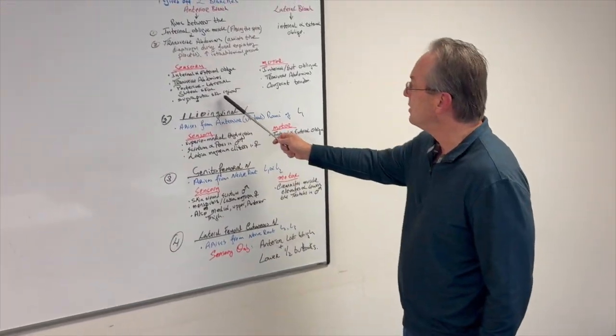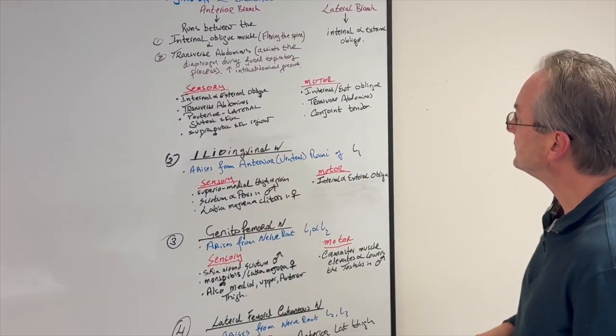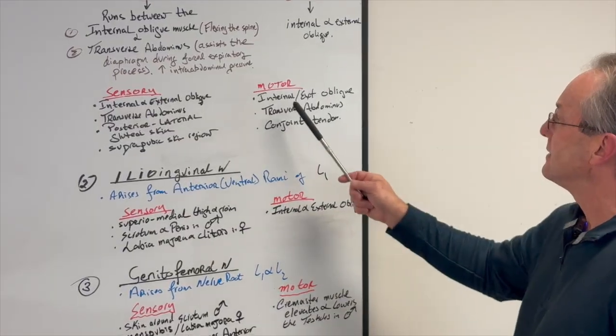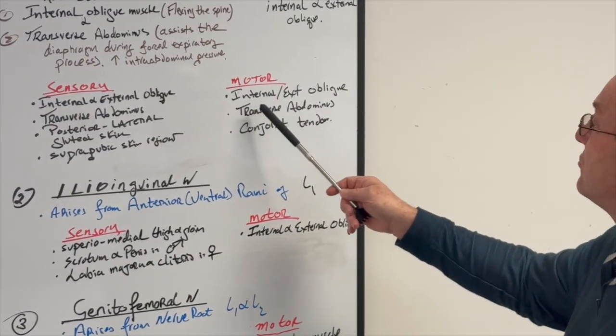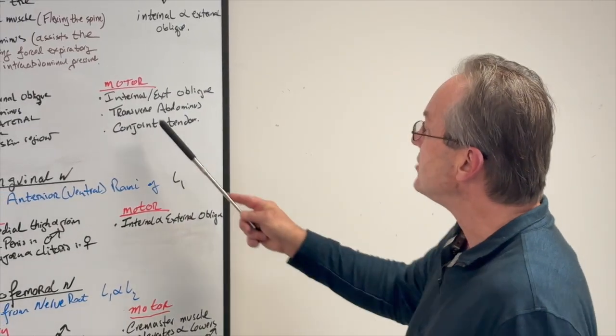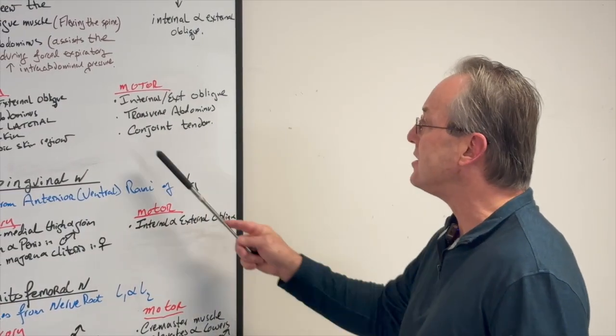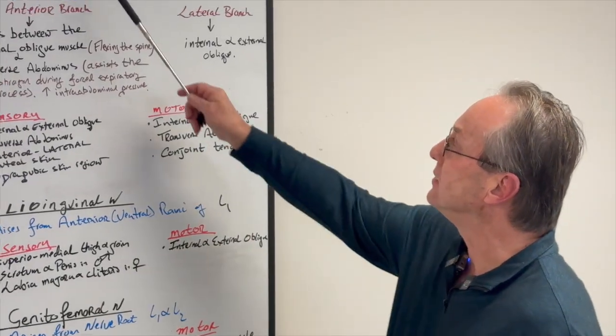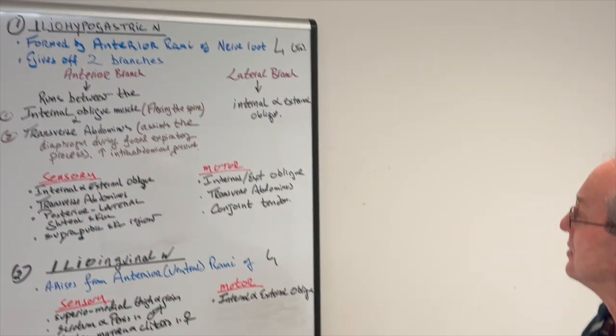That's sensory. What about motor? Well, it has innervation of the internal and external obliques, the transverse abdominis, and the conjoined tendon. That is all the responsibility of the iliohypogastric nerve.